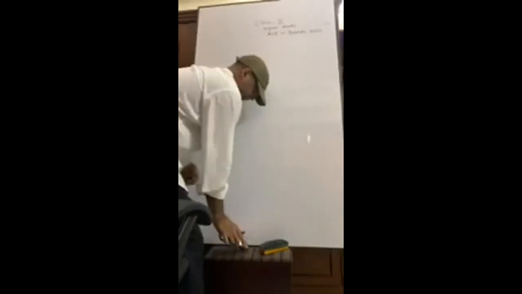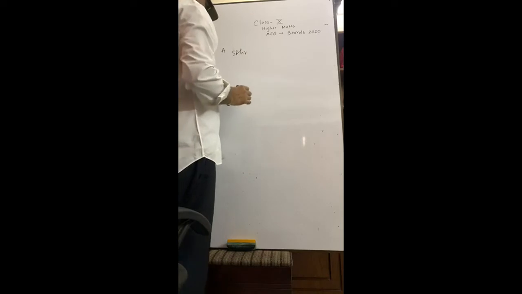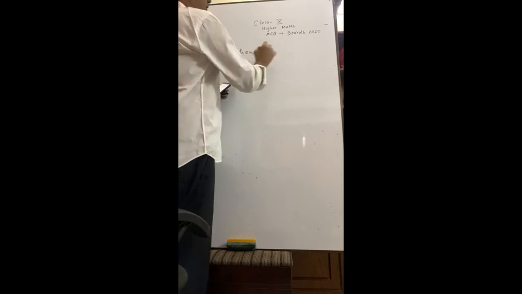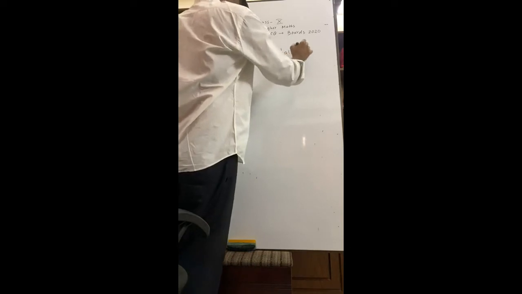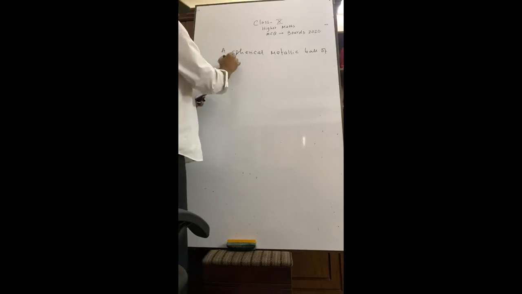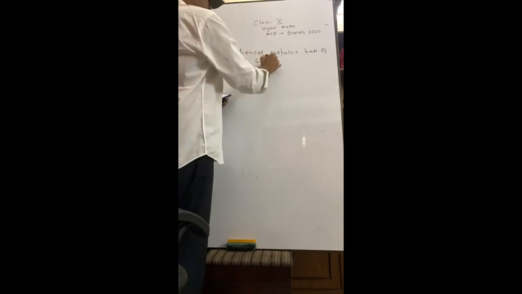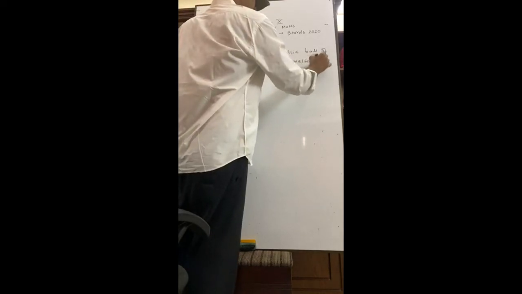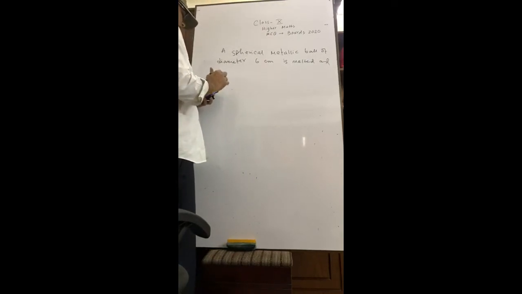A spherical metallic ball of diameter 6 centimeter is melted and formed a right circular solid cylinder.